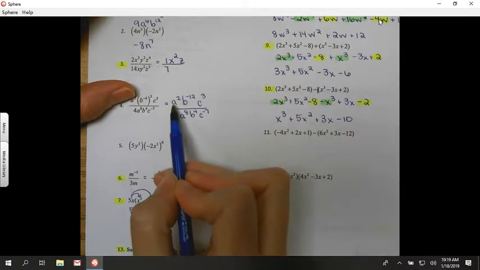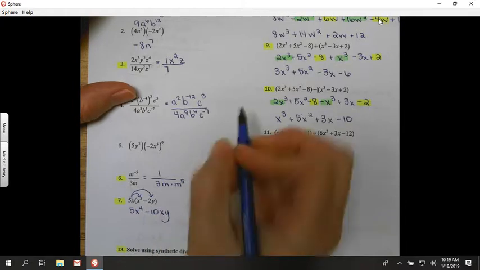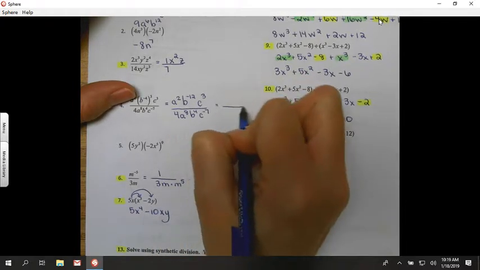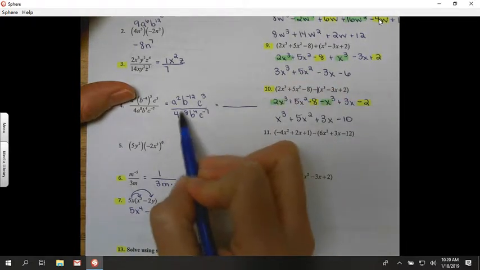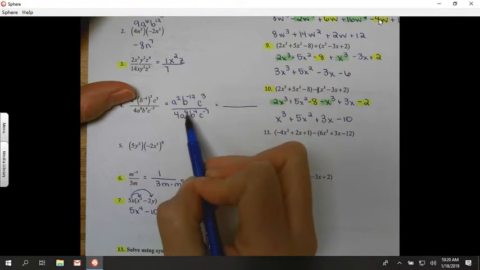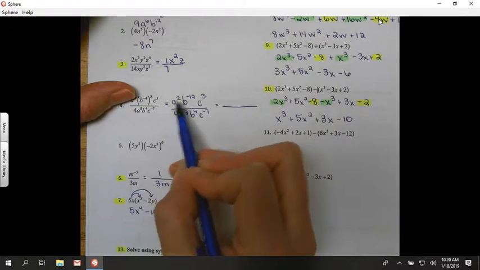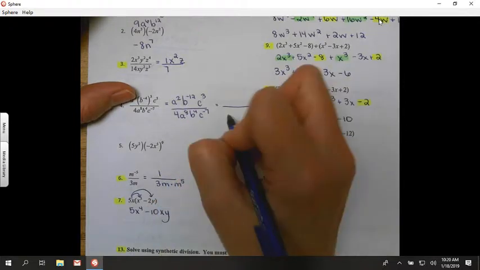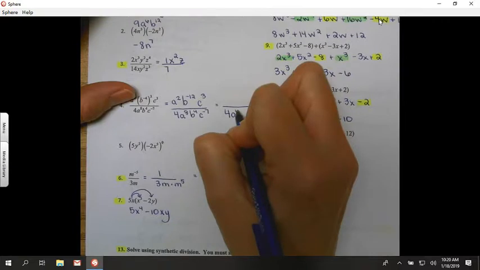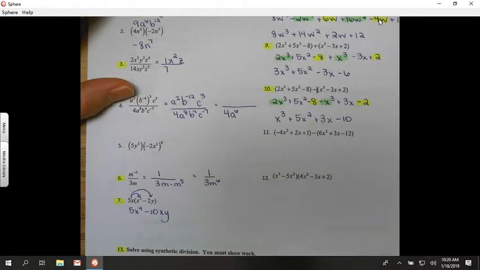So I have an a squared and an a to the 8th. Well, since I know that there are more soldiers in the bottom, the bottom is going to keep the survivors. And once I've eliminated the ones they have in common, I'm left with 6. So an a to the 6th stays in the bottom.